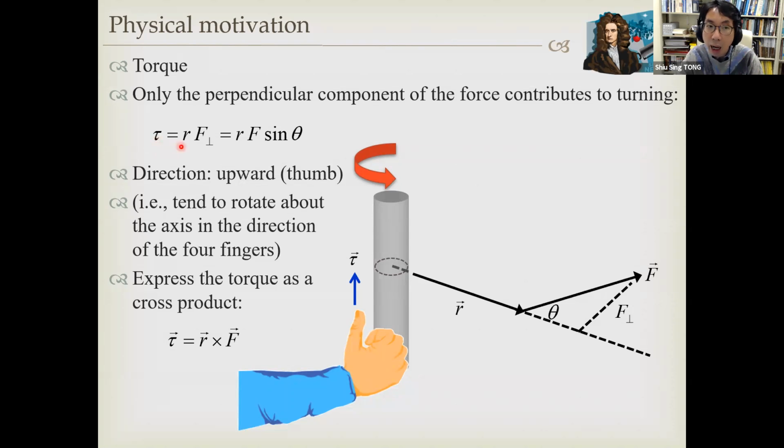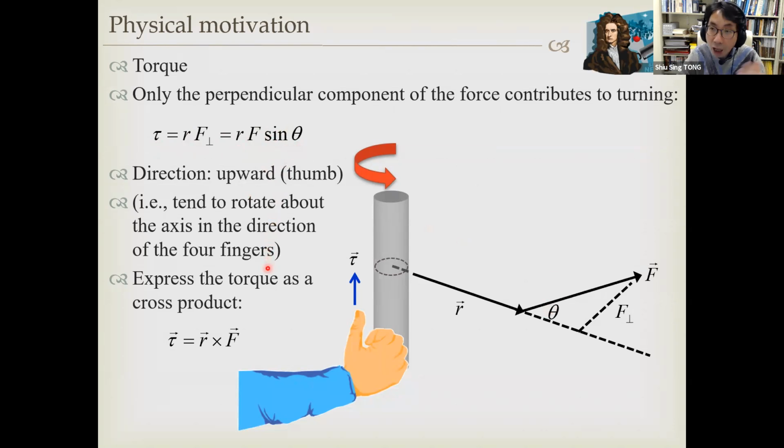That combination is R multiplied by F perpendicular, or I can express it in terms of the angle as RF sine theta. Okay, so I define the cross product between these two vectors with a magnitude equal to RF sine theta.